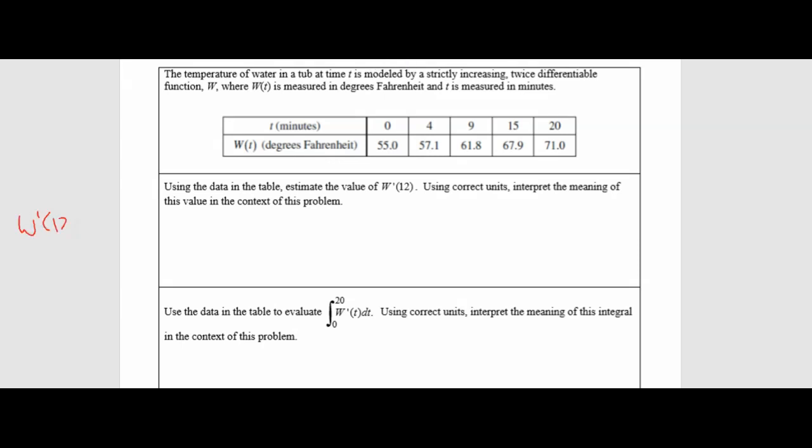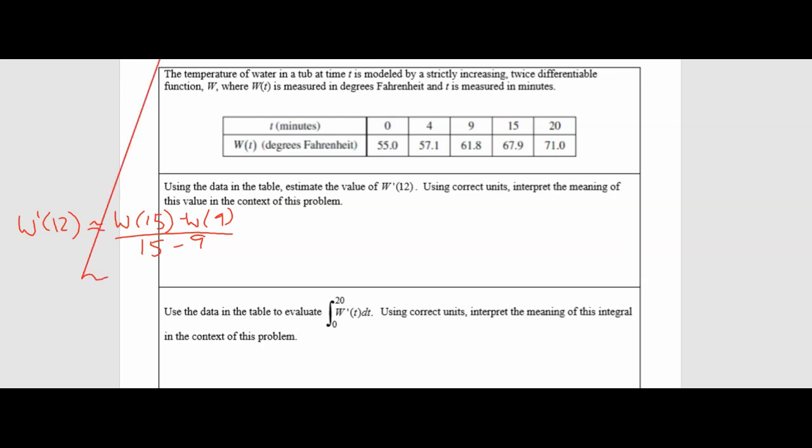So w prime of 12 is approximately equal to w of 15 minus w of 9, all over 15 minus 9. On this problem, you would be allowed to use a calculator to help you evaluate.